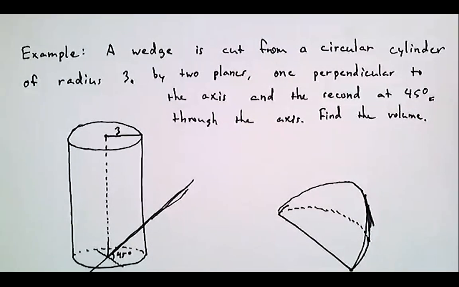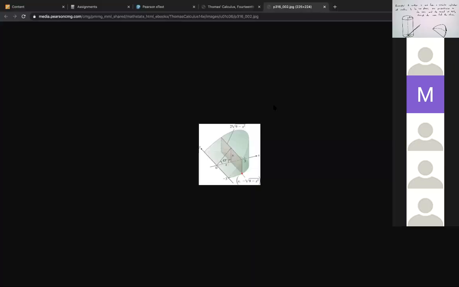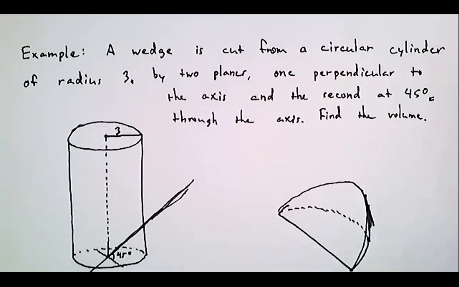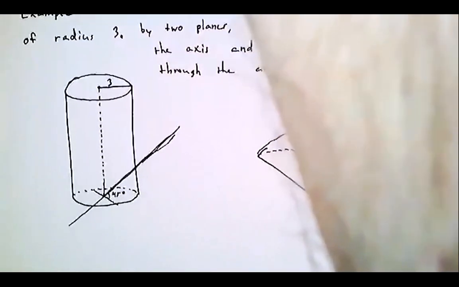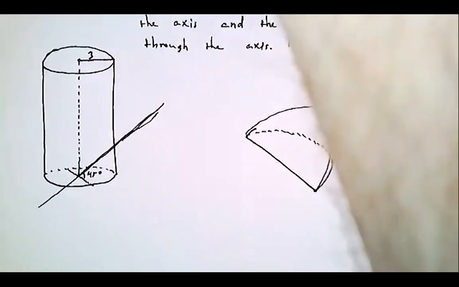Something like this. And if you were paying attention to the illustration from your textbook, you can see that they've labeled this outer curve using this formula. And where that came from is the formula for a circle.